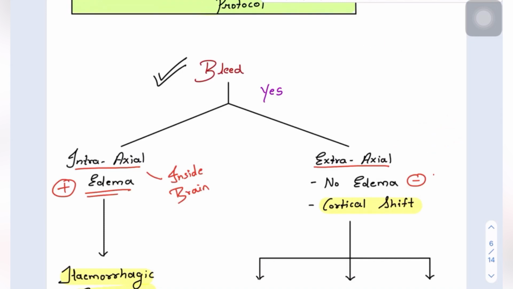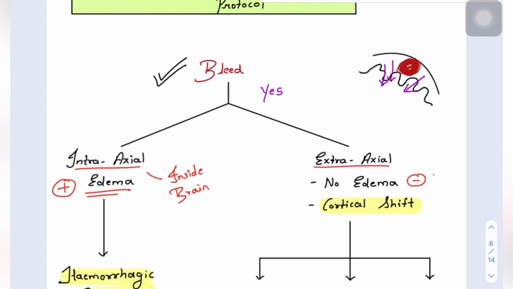So assume this is skull and this is brain parenchyma. Okay. So if there is extraaxial hemorrhage which is outside the brain, this extraaxial hemorrhage will push this brain parenchyma downwards.